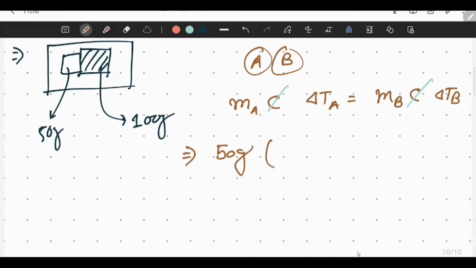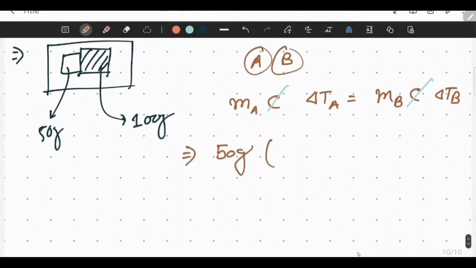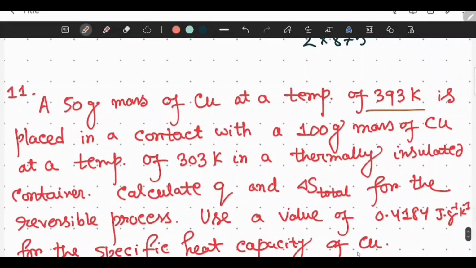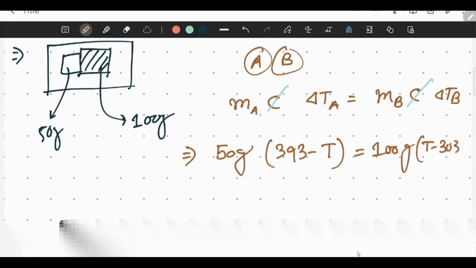Now it is del T_A. For del T_A, we have to find out the final temperature T, since it will be equilibrium eventually. For the 50 gram of copper, it is at higher temperature, so its temperature will decrease. So it is 393 minus T. M_B is 100 gram and it is T minus 303.